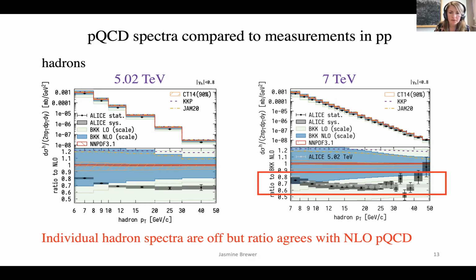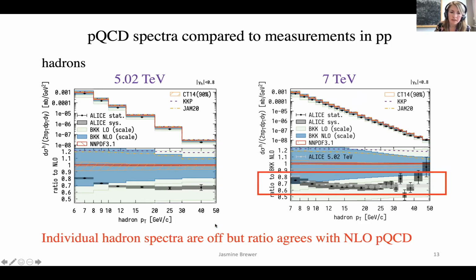The story is quite similar for 7 TeV. Again, you see that the data is about 20 or even a bit more percent off of the measured spectra in ALICE. But what's quite interesting is that if you overlay the 5 TeV results on top of the 7 TeV results, they differ from the NLO expectation by the same amount.